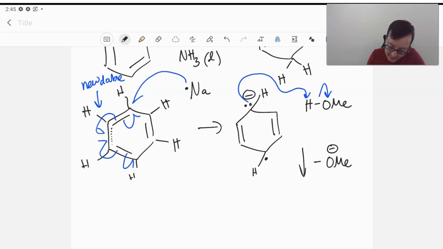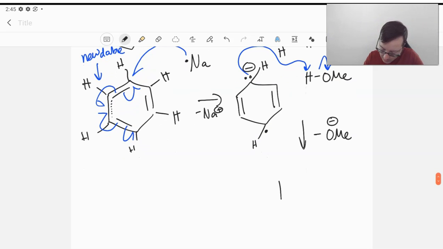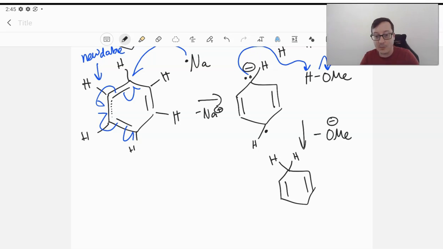We've also lost a sodium ion technically here. We've lost a methoxide ion now. But we've added on a hydrogen now. We have our two parallel double bonds, and we still have our radical at the bottom. It still has one hydrogen on that carbon as well.